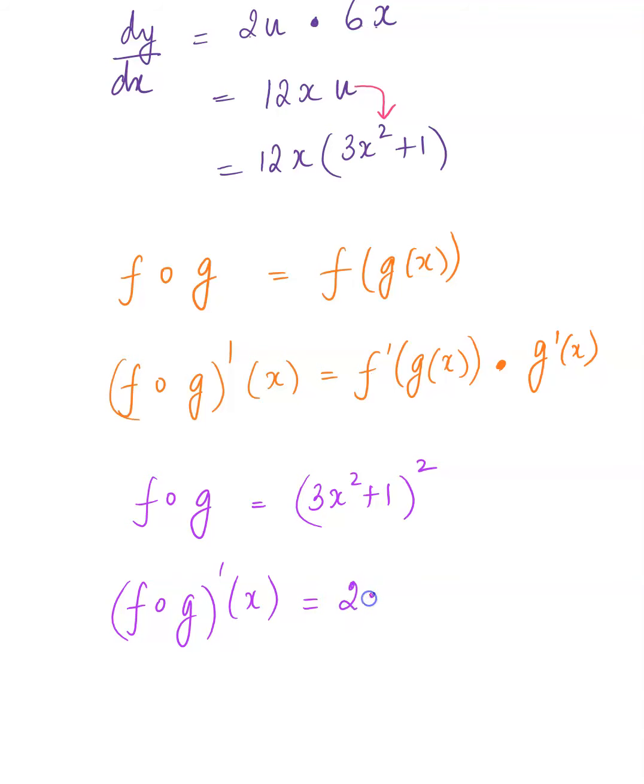That's 2 times whatever is inside, keep it as it is. It doesn't matter what is inside it. So that's going to be 2 minus 1. I just applied the power rule, so 2 times x to the n minus 1, that times the derivative of the inside, because that's g prime of x, that's what is inside. So 3x squared plus 1, the derivative of the inside would be 3 times 2, 6x, plus 0. And this is what we got as 12x times 3x squared plus 1.